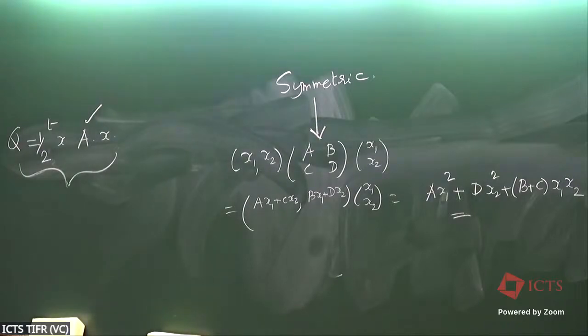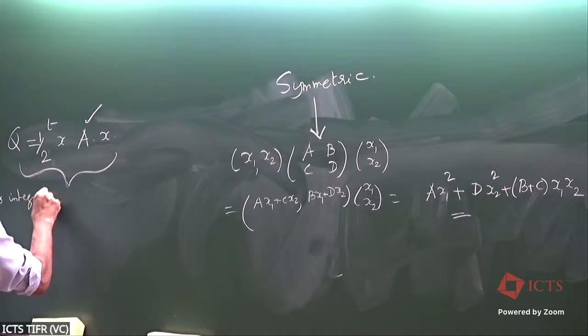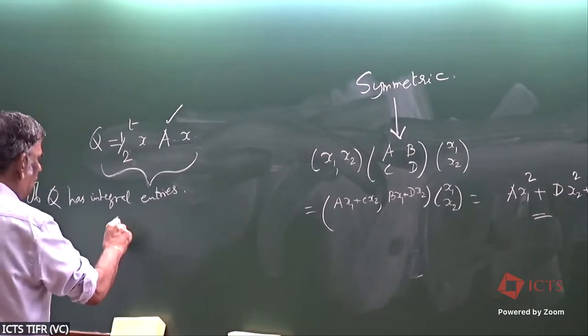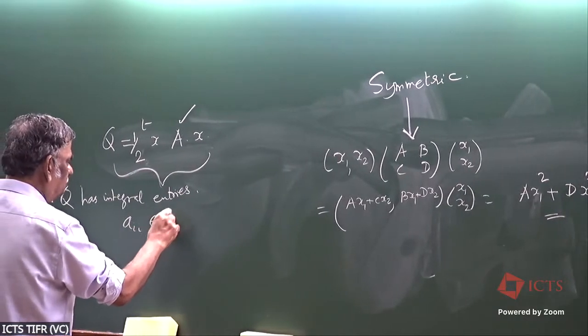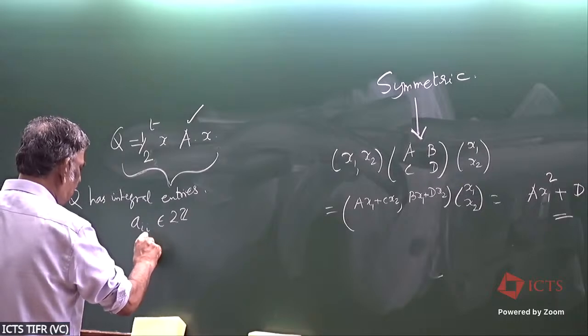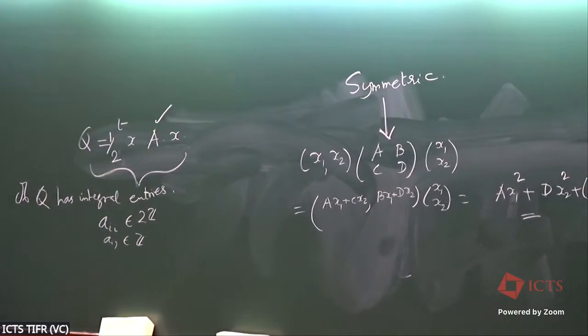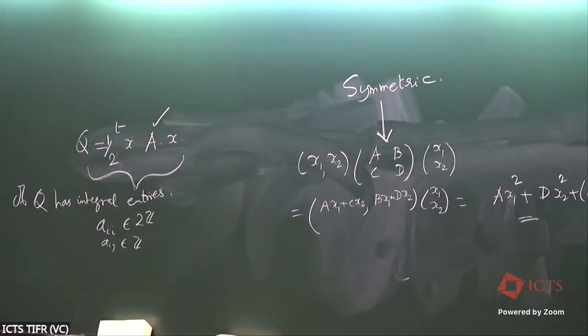This essentially means that if this Q has integral entries, then this A will have the property that A_ii belongs to 2Z and A_ij belongs to Z, because of the half that I have written.